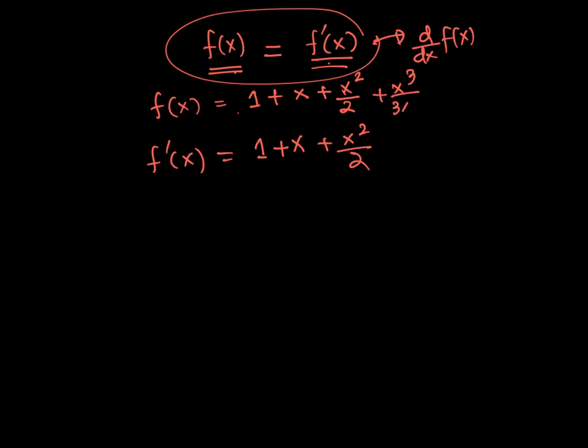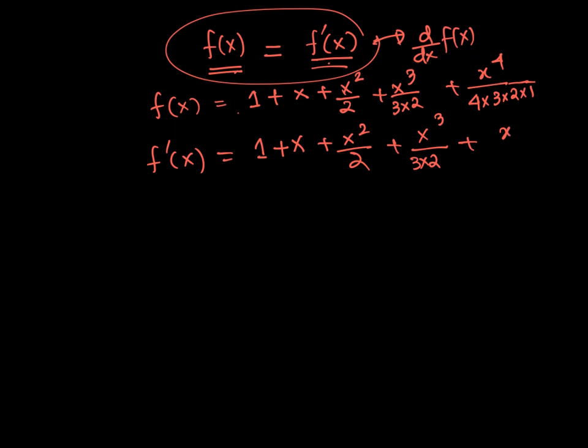All right, 3 times 2 plus x to the power 3 times 3 times 2, then you have x to the power 4 divided by 4 into 3 into 2 into 1. You can write it like this, which is basically 4 factorial. So instead of writing 4 into 3 into 2 into 1, or 3 into 2 into 1, or 2 into 1, I could write as factorials, right?